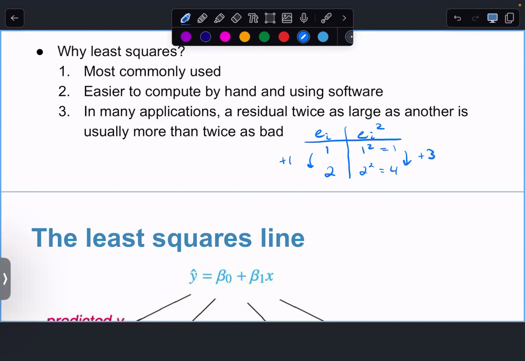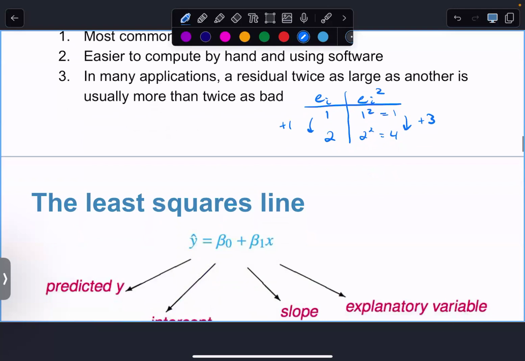So now it's reflecting that it's not just twice as bad, it's actually 4 times as bad. And so that's why we use the squares. You don't have to remember that, but it is kind of a fun thing.